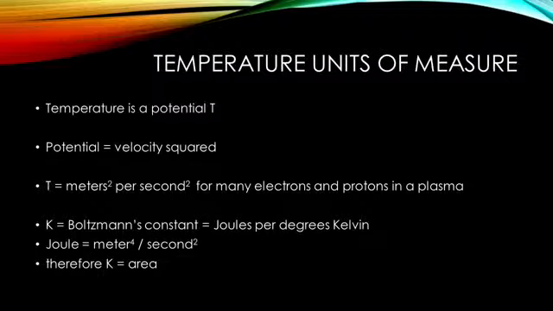And the equation there is talking about how Boltzmann's constant is really an area, because it's joules per degrees Kelvin, and a joule is meters to the 4th power divided by second squared. Therefore, Boltzmann's constant is an area.